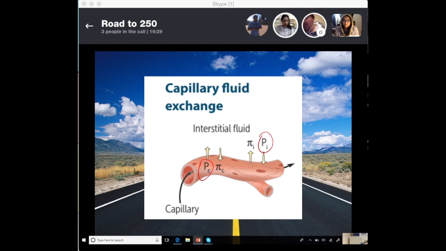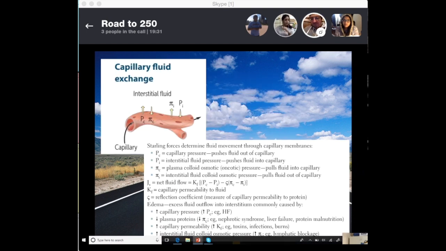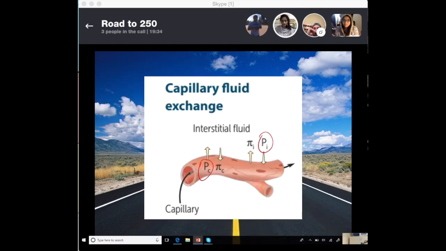That means literally the pressure created by the fluids in their associated place. The C represents the capillary, and the I represents the interstitial fluid space. So this would literally be the fluid pushing towards the capillary and the fluid in the capillary pushing out towards the interstitial space. Then, with the pi's, this represents oncotic pressure.